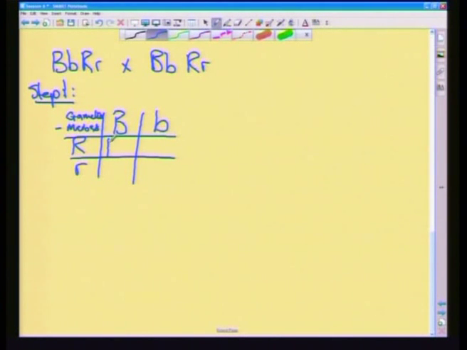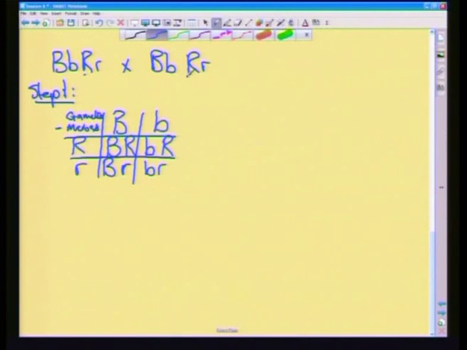So we decide to put B first, so we go capital B, capital R, and small b, capital R. Why do I put small b first? Because I've decided to go with B's. Then capital B, little r, and small b, small r. And this would be the same for this as well as that parent.